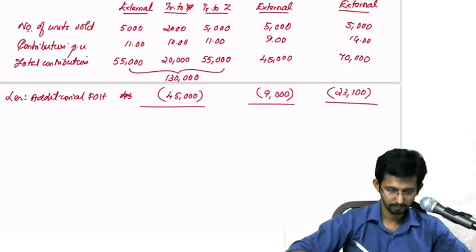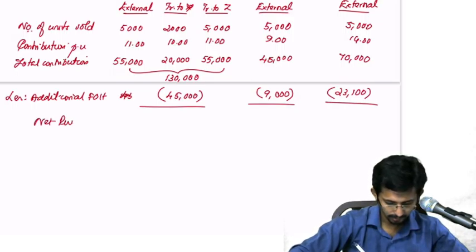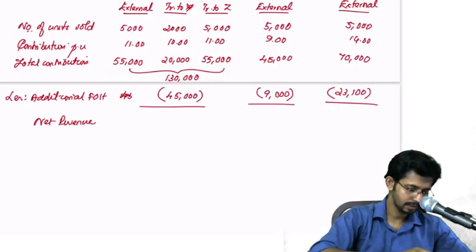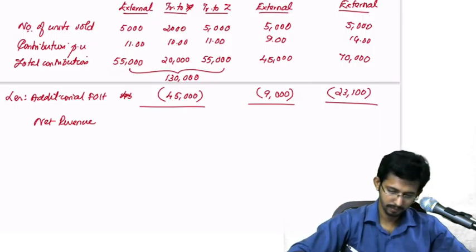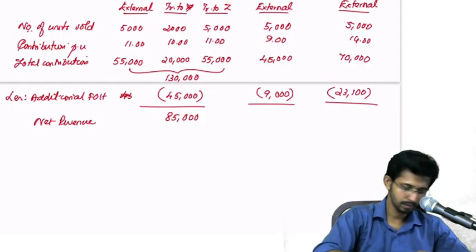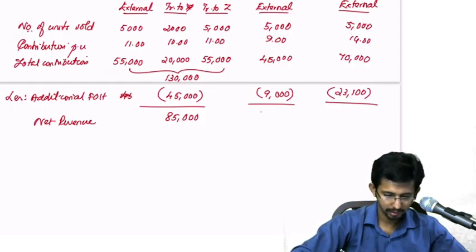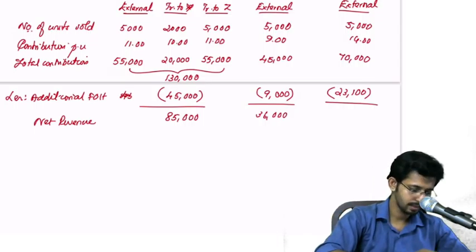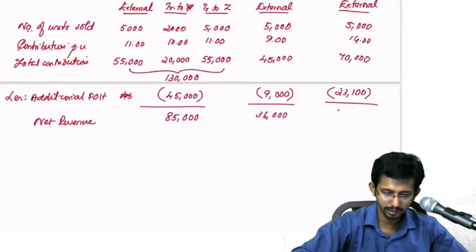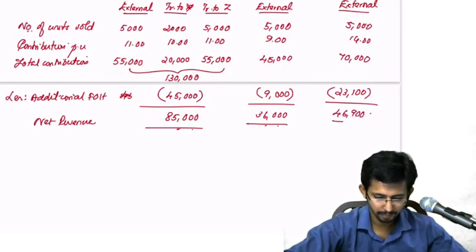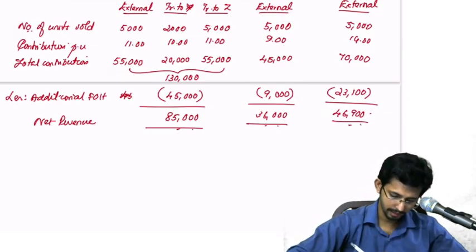So net revenue: 1,30,000 minus 45,000, so 85,000. Then 45,000 minus 9,000, 36,000. 70,000 minus 23,100, it is 46,900. Okay, net revenue.